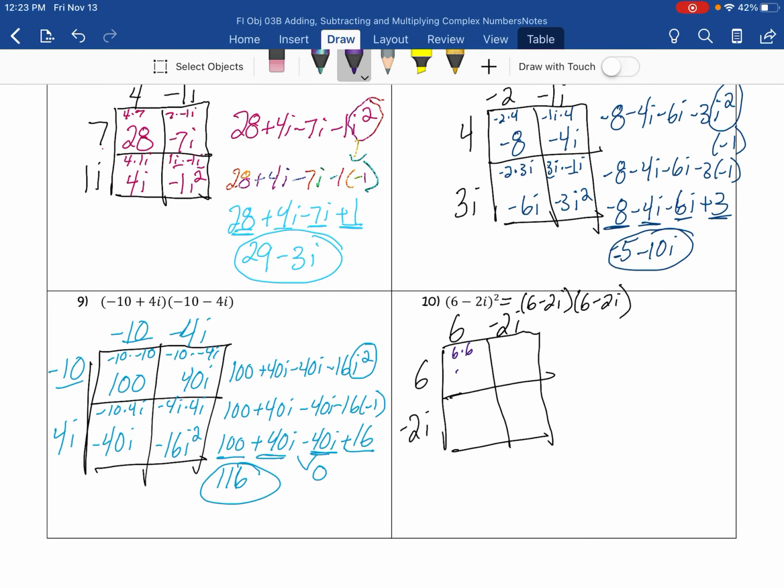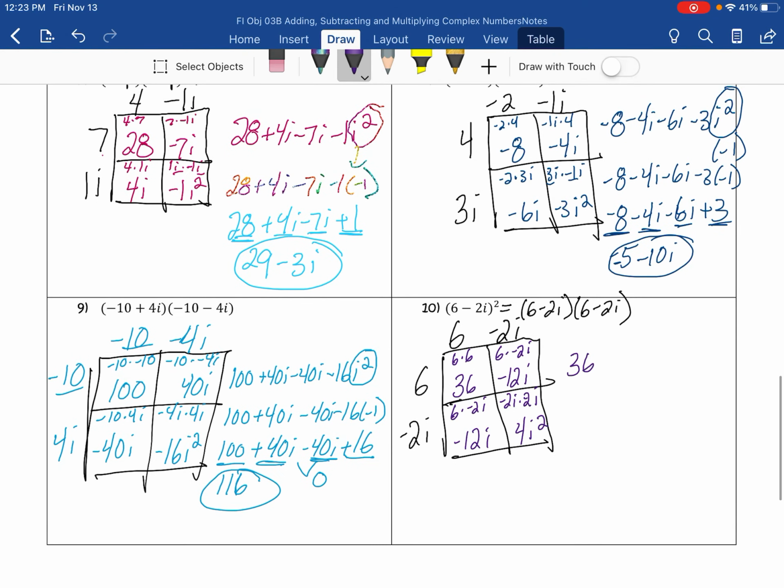This is going to be 6 times 6, which is 36. This is 6 times negative 2i, which is negative 12i. This is also 6 times negative 2i, which is negative 12i. This is negative 2i times negative 2i, which is 4i squared.